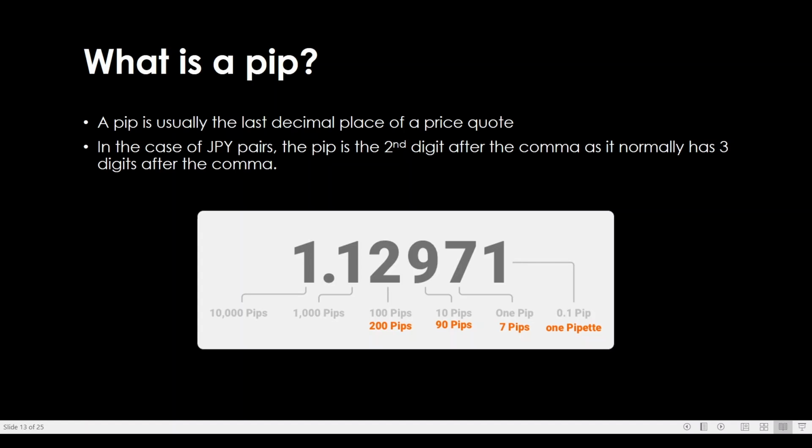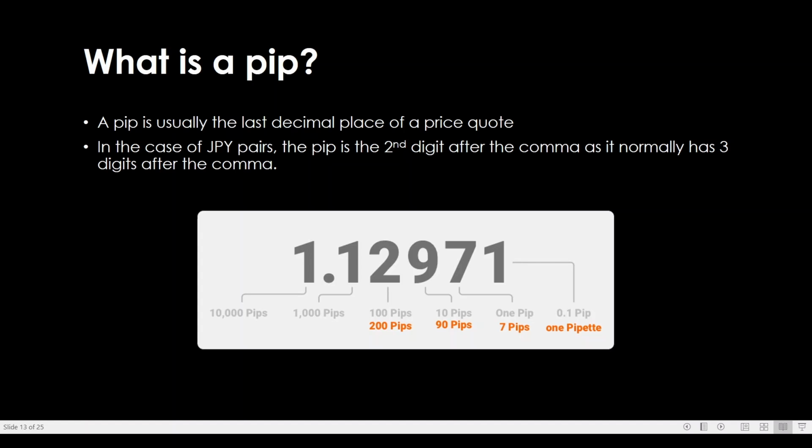Now, if you look at the image below in this slide, you see that we've got 5 digits after the comma. This is not always the case; not all currency pairs will have 5 digits after the comma. Sometimes you may encounter 4 digits, and in some cases even 3, as with JPY pairs. But how you need to think of a pip is simply as a measure of the change in price.